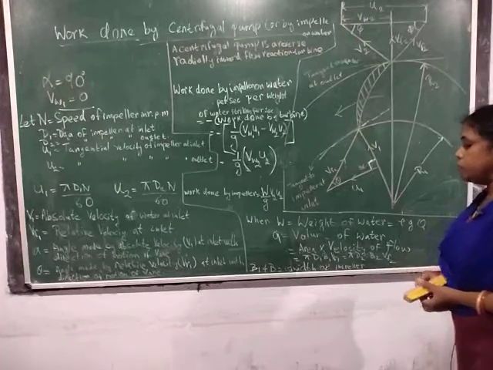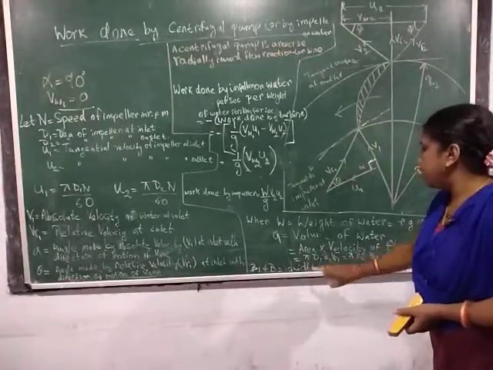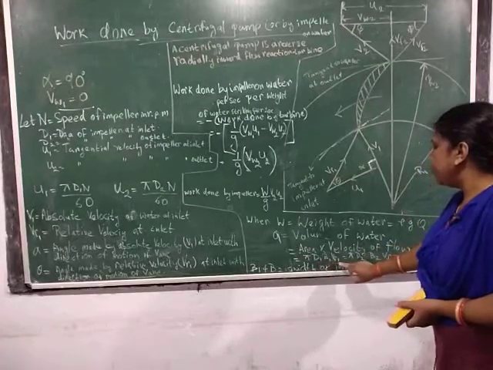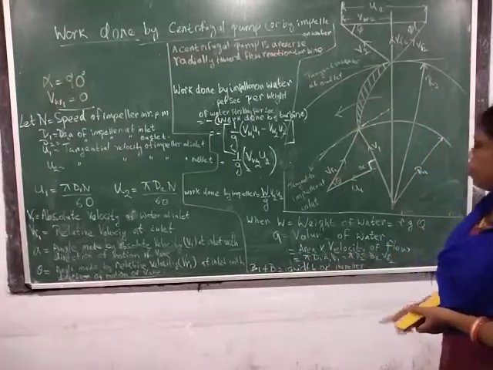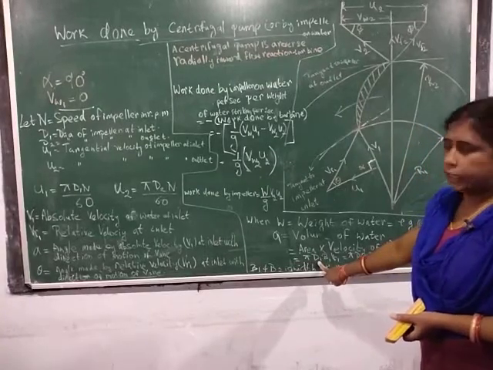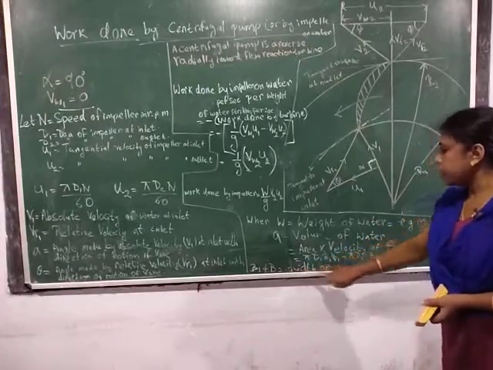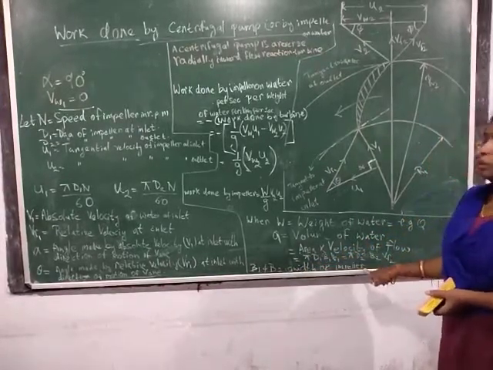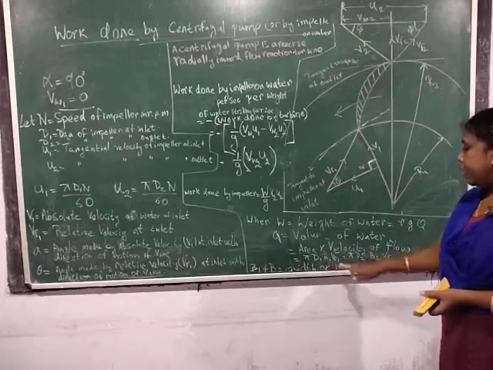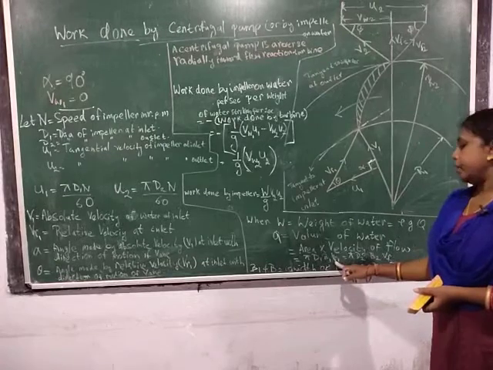As you have already seen in the Francis turbine, that is equal to pi into D1 into B1 into Vf1. D1 is the diameter of the impeller at inlet, B1 is the width of the impeller at inlet, and Vf1 is the velocity of flow at inlet.